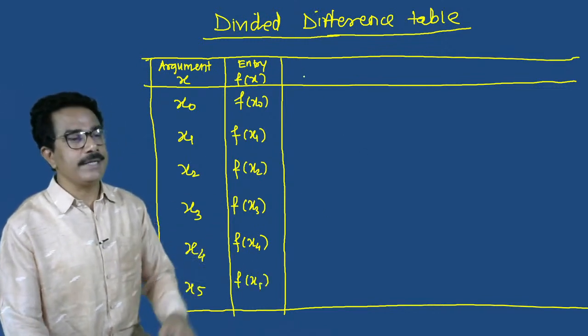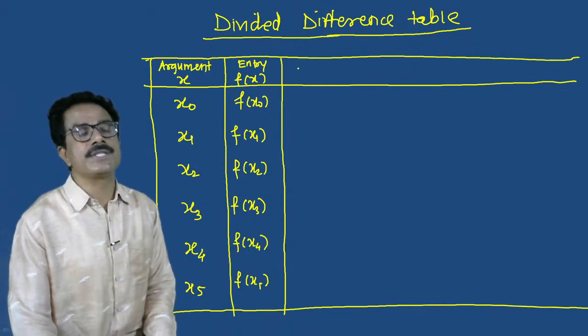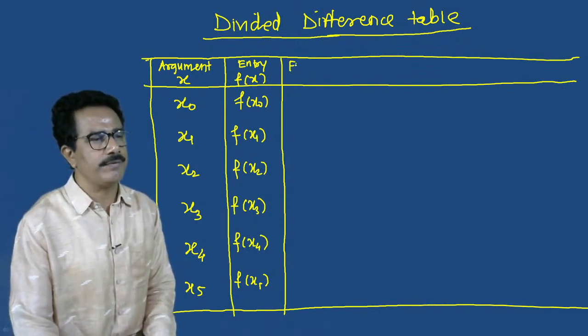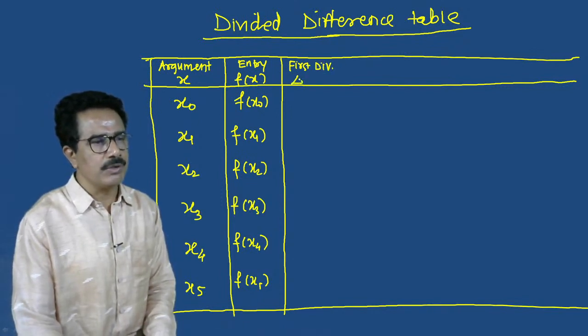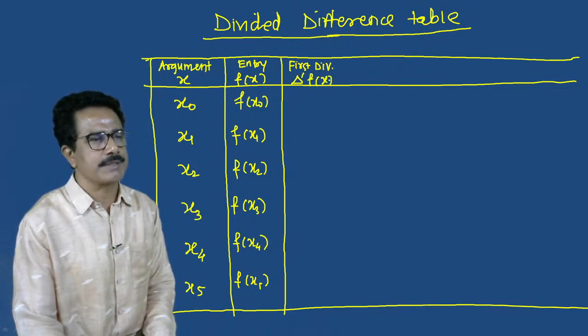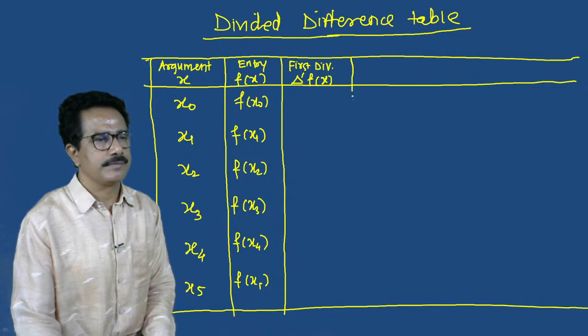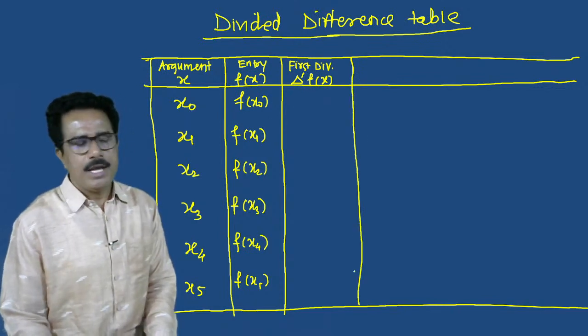Then its divided difference is denoted by first divided difference, which is denoted by delta dash f of x. How we can write?